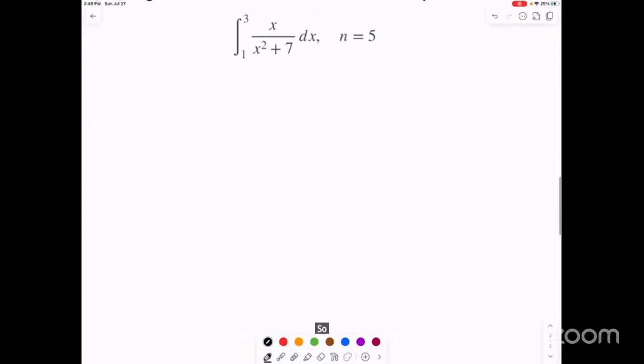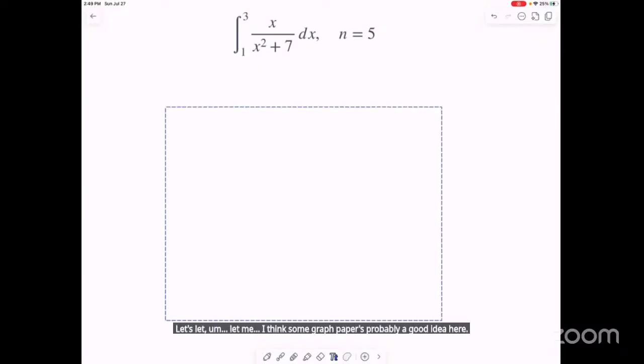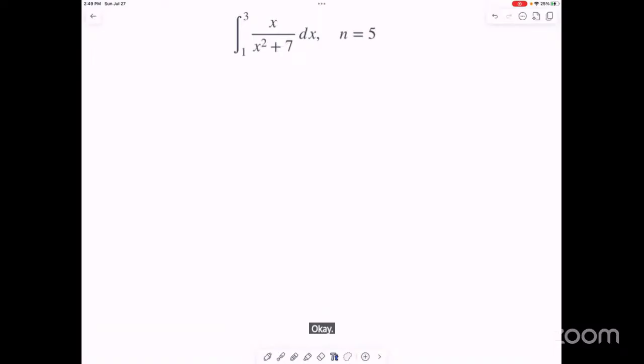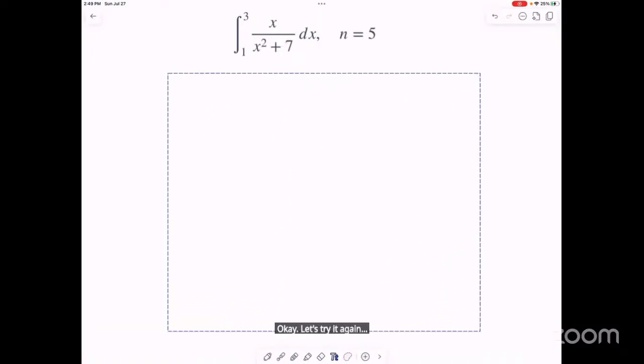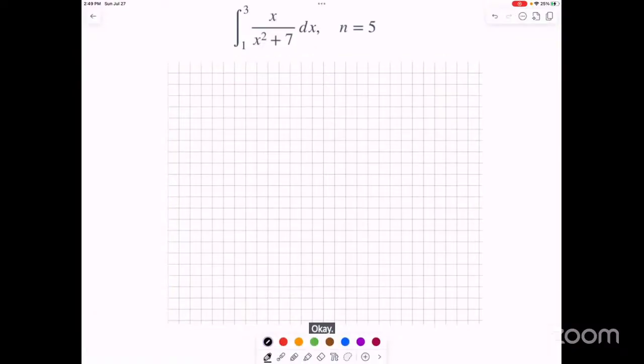So if we're working with that function, some graph paper is probably a good idea here. Okay, let's try it again. Let's just start with the x-axis.